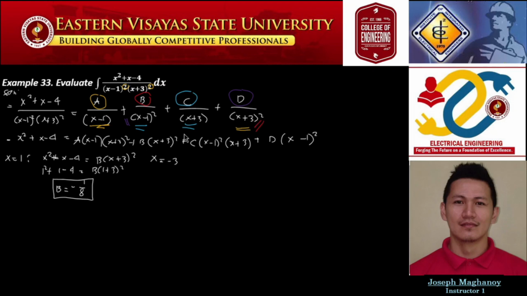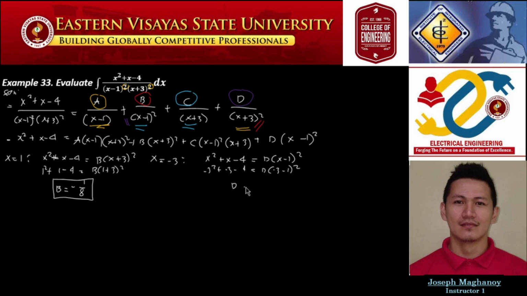Okay, if you notice, there is a pattern, okay? So x squared plus x minus 4 over d, x minus 1 squared. If we substitute the value of our x, which is negative 3, that is negative 3 squared, negative 3 minus 4, over negative 3 minus 1 squared.